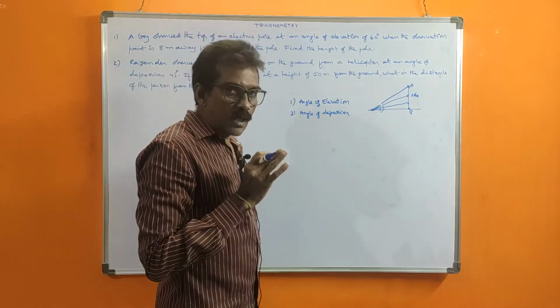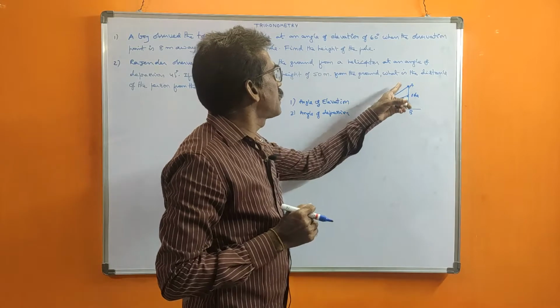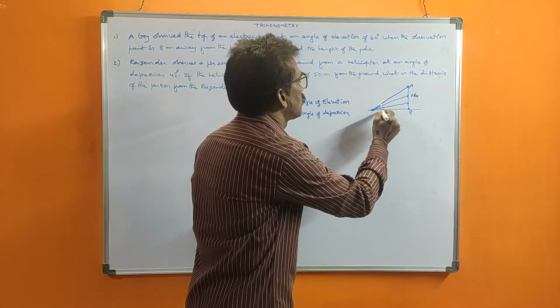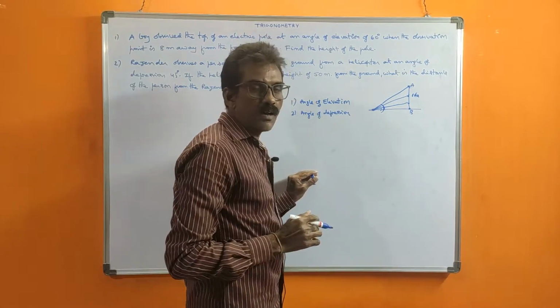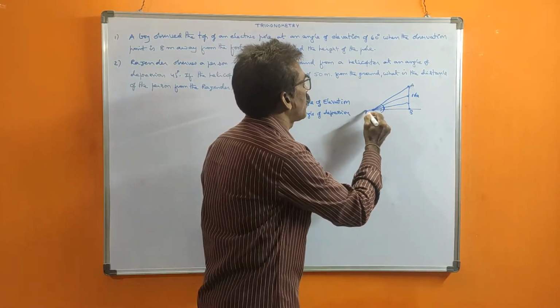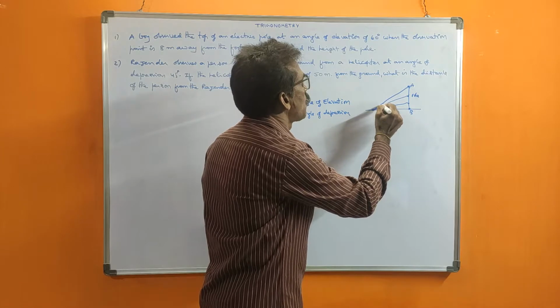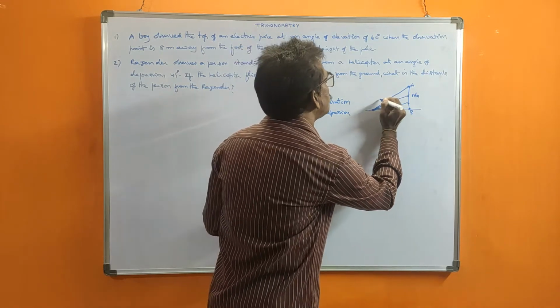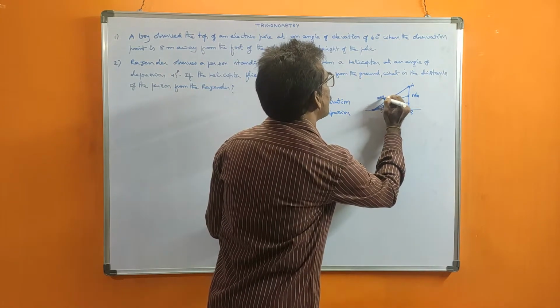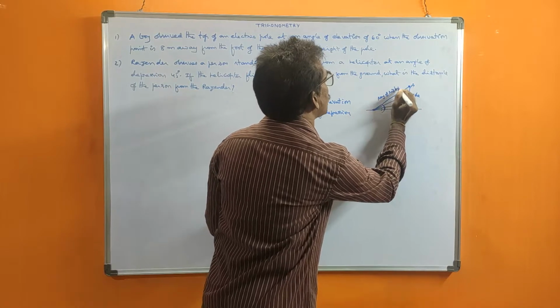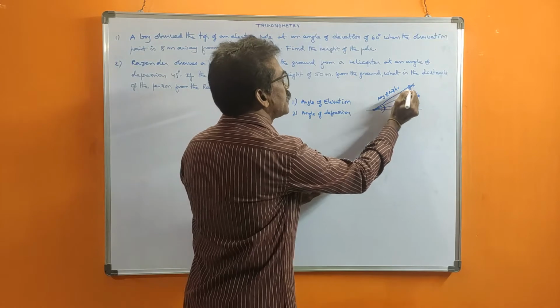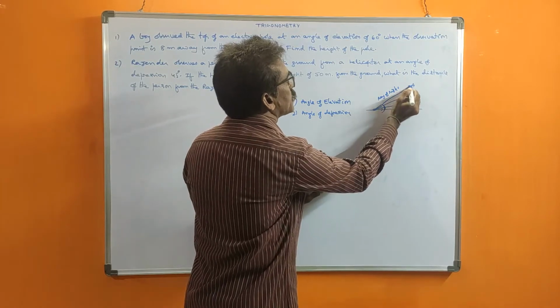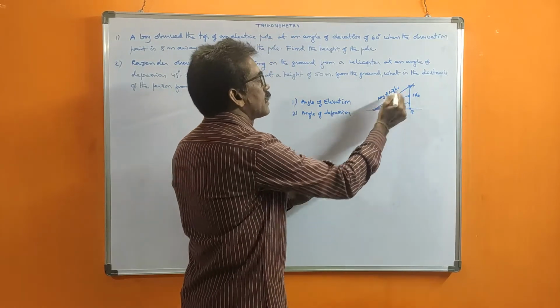By using some instruments we can see the angle of elevation. So here that angle is called the angle of elevation. What does angle of elevation mean? This is called the ray of sight. Ray of sight means the line joining the top point and our eye when we are seeing the top point.